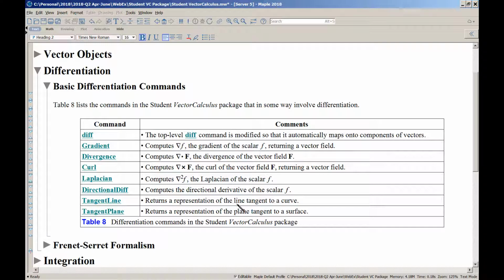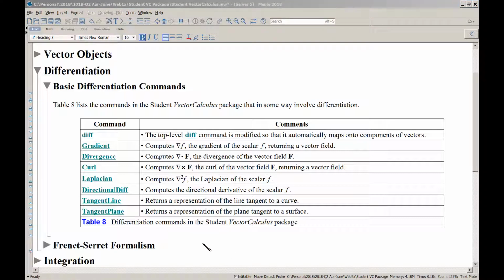Here you get a parametric representation of a tangent line, or a line tangent to a curve, and the plane tangent to a surface. It is unfortunate that these two commands don't exist in the Student Calculus package, Calculus 1, because that's where you first run across this stuff.